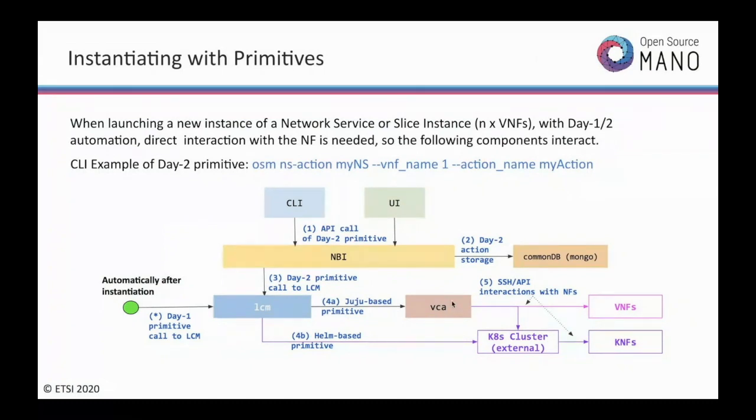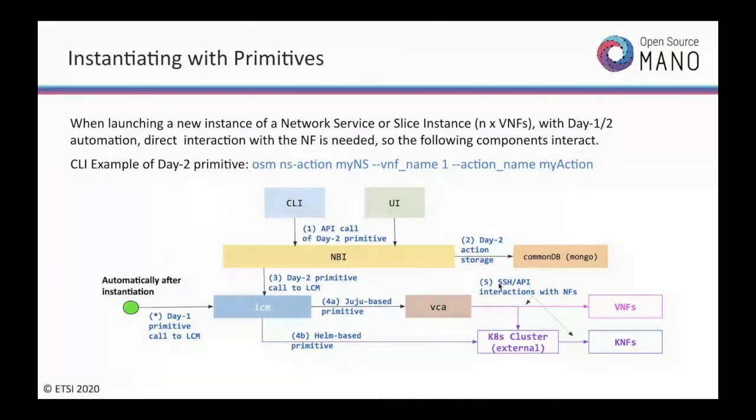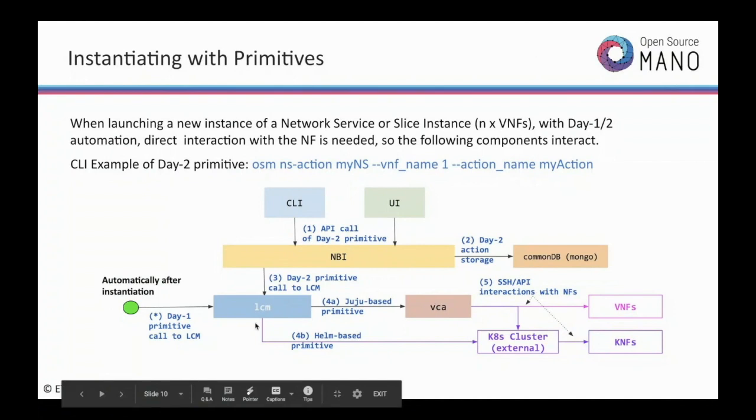It would go to the network functions, either if they are virtualized or virtual machines or containerized. It goes and interacts with the network function directly and produces the changes. It does so through SSH or by communicating with an API that is being exposed by the network function to achieve this.